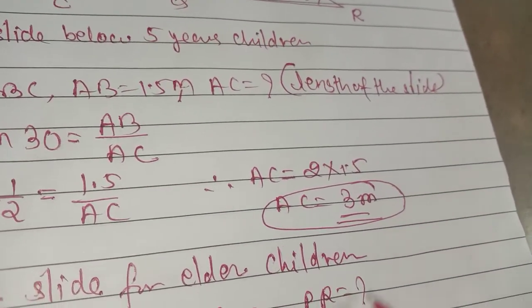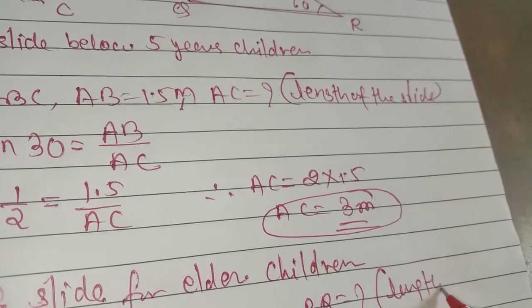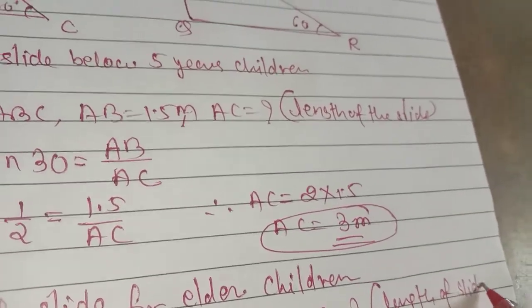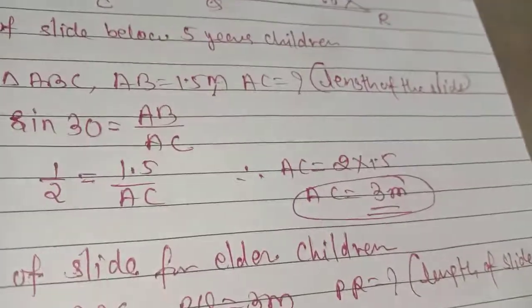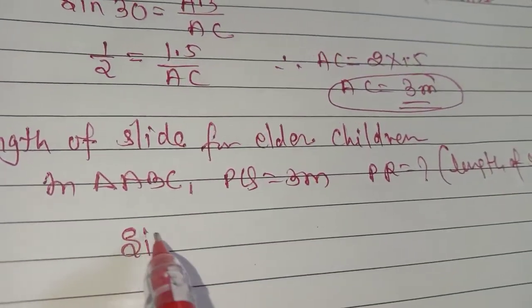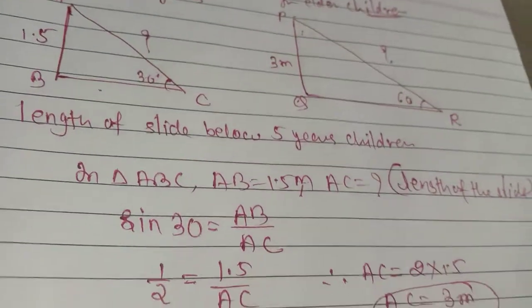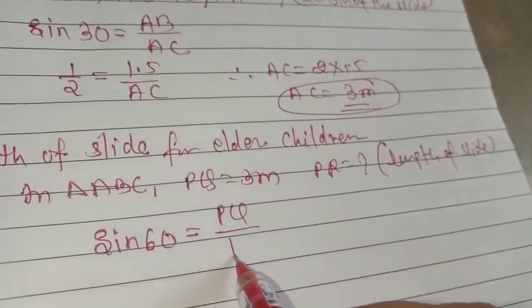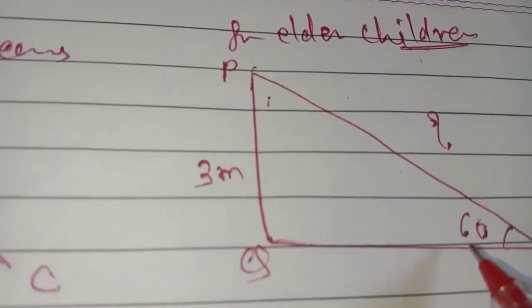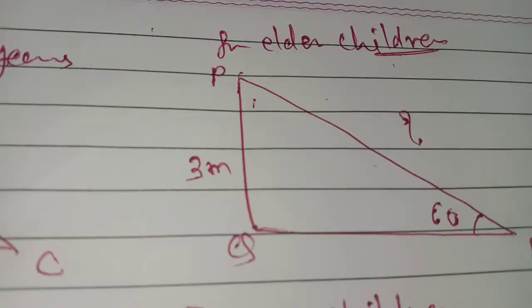That is PR is the length of the slide. So once again, sin 60 is equal to PQ upon PR. Can you see here? Sin 60 is PQ upon PR.